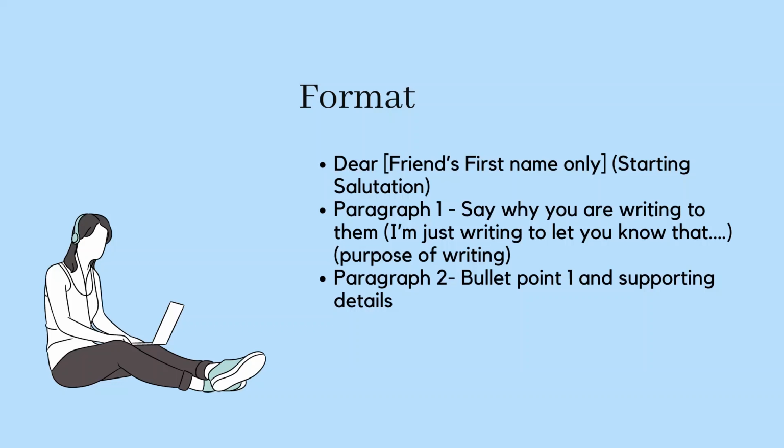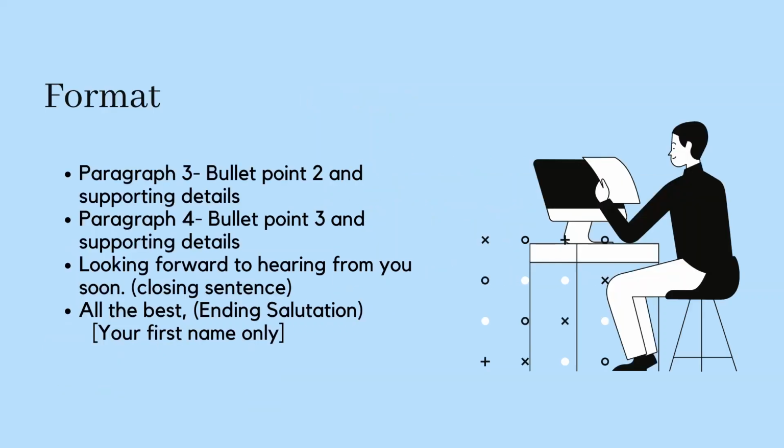After writing paragraph number 1, you will make the number of paragraphs according to the number of bullet points. In these paragraphs, you will explain the bullet points along with the supporting details. After explaining all the bullet points, you will leave the space of one line and then you will write the closing sentence.